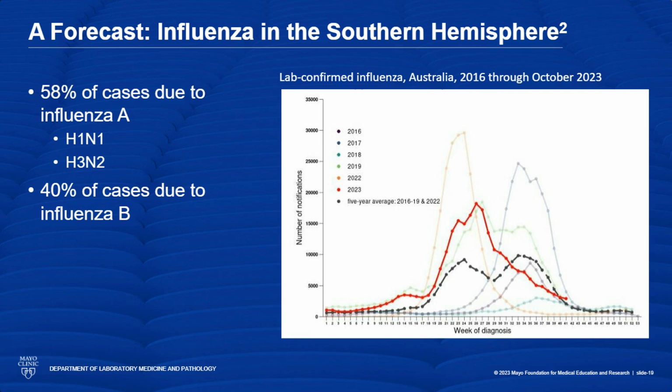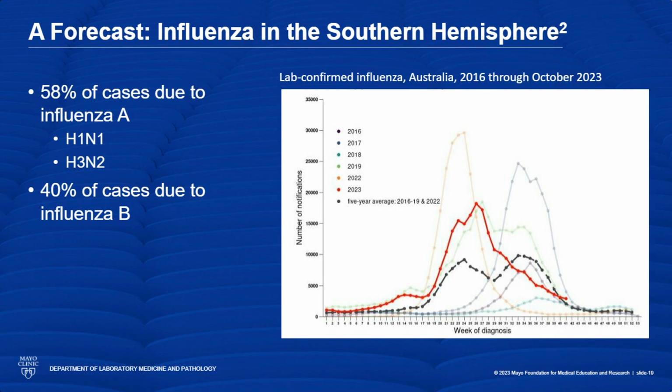So when the Australian CDC typed these strains, they found that 58% of the cases were due to influenza A, with the majority of those being caused by H1N1 pandemic 2009 strain. And there were also influenza A cases caused by H3N2.